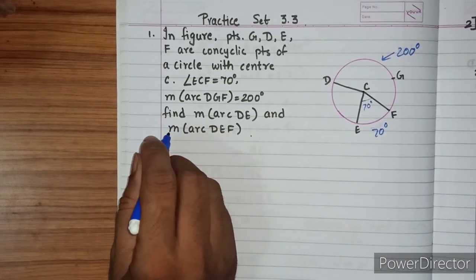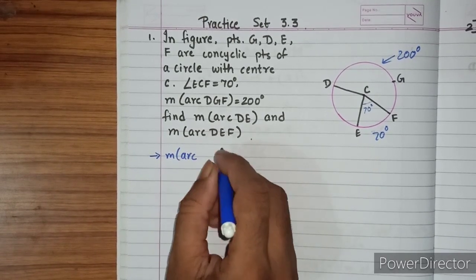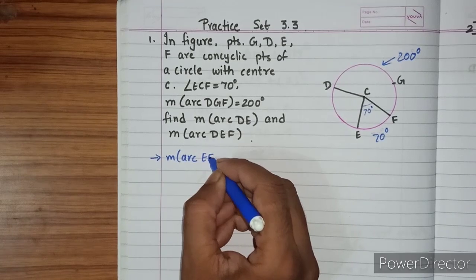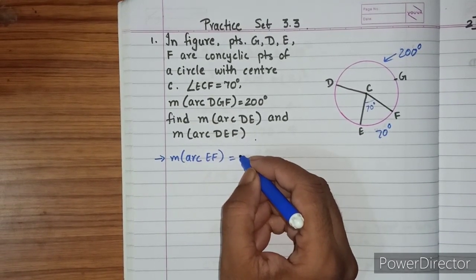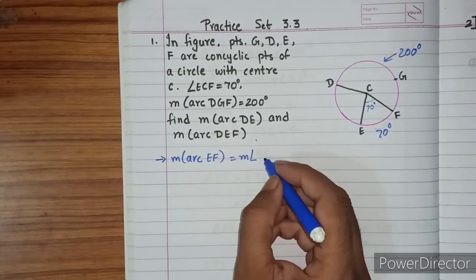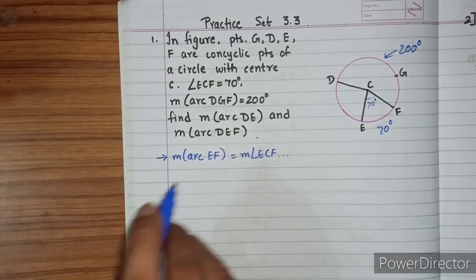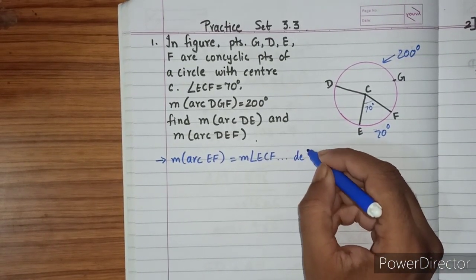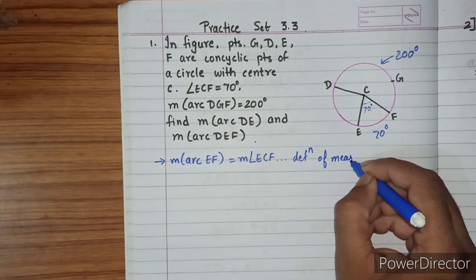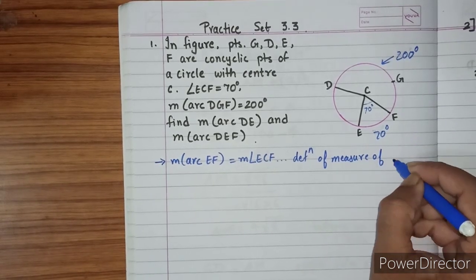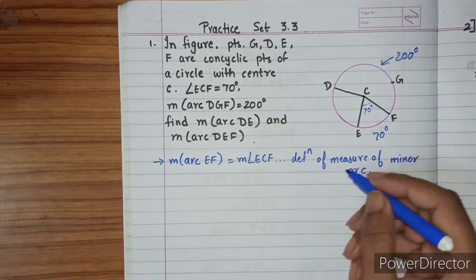So the first step will be measure of arc EF is equal to measure of angle ECF, right? What is the reason? Definition of measure of minor arc, right?